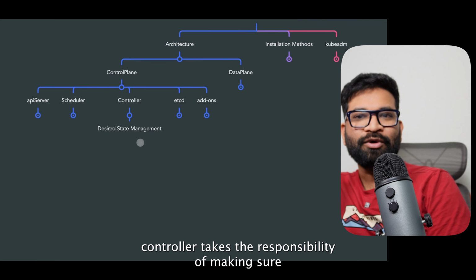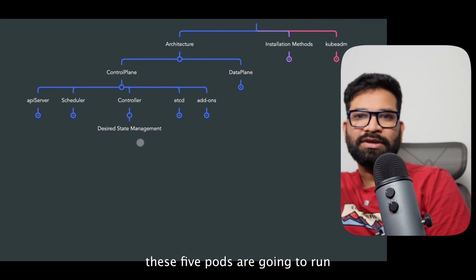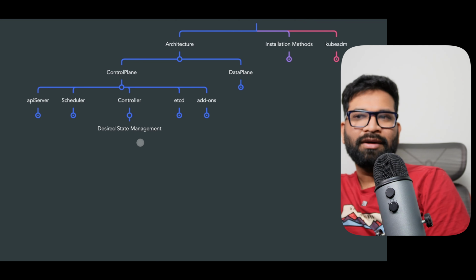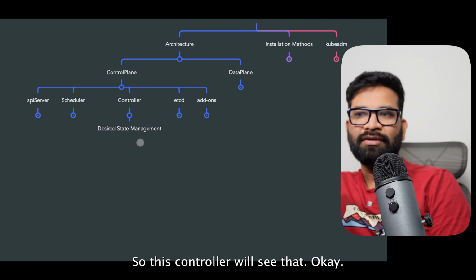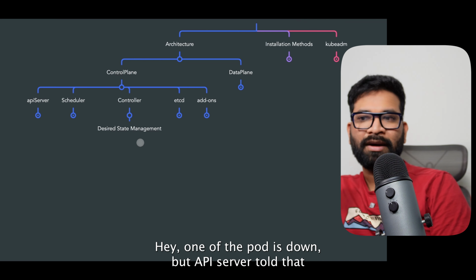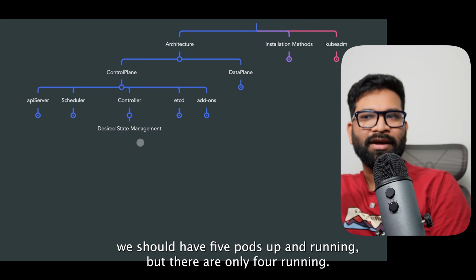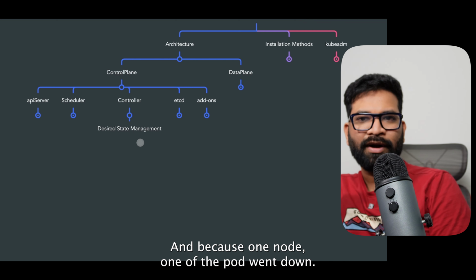The controller takes the responsibility of making sure these 5 pods are going to run no matter what the state of your cluster is. So the controller will see that, hey, one of the pods is down, but the API server told that we should have 5 pods up and running, and there are only 4 running, because one of the pods went down.